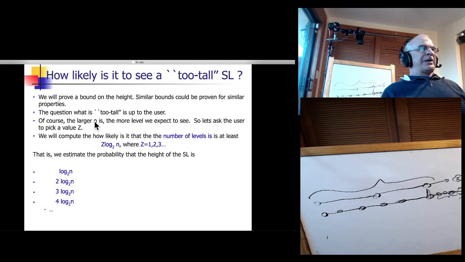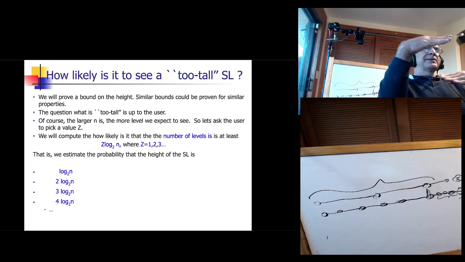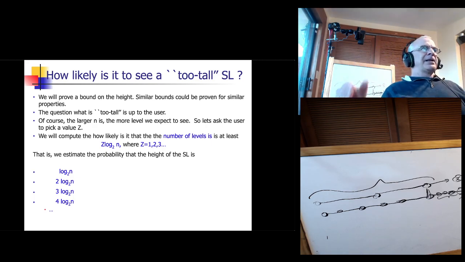If n becomes larger, then the height should grow. If I'm limited to only 2 levels, as I gave you in the challenge question, you cannot reach any element in log n time. Forget it. If you want to reach elements in log n time, you need at least log n levels.